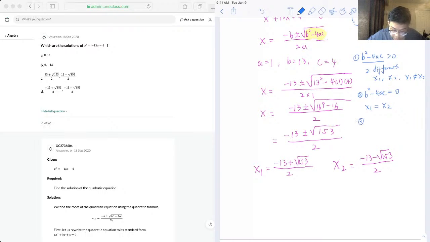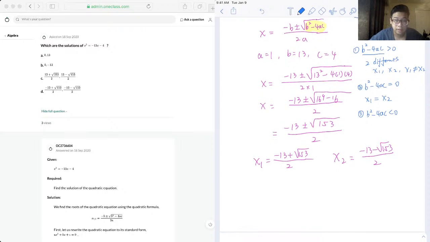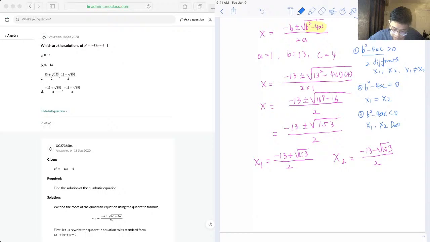The third situation is b squared minus 4ac less than 0. In this case, we conclude x1, x2 does not exist. Here, you can tell 153 is definitely a positive number, greater than 0, so we have two different x1 and x2 here.